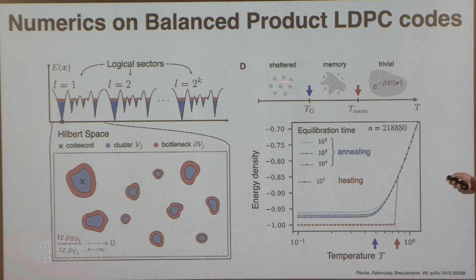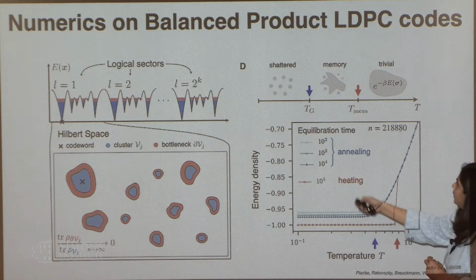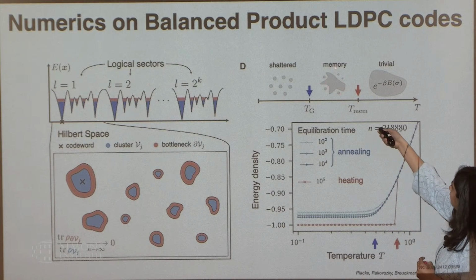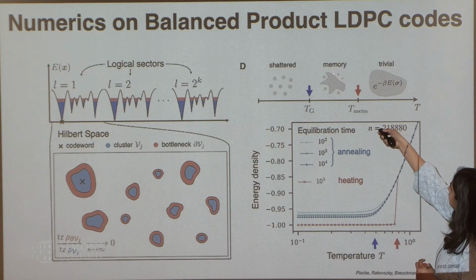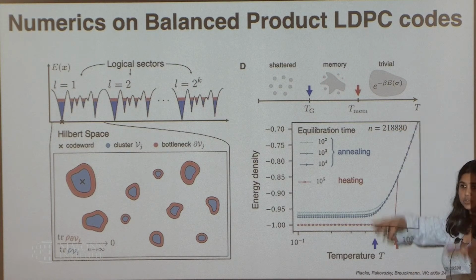Okay, so in terms of pictures, above this memory temperature, your Gibbs state looks trivial. Between the memory temperature and the glass temperature, you mostly have all of your weight in the Gibbs state in one giant blob, but then you have very vanishingly few states clustered around these ground states, which are stable, but you never find them if you're just cooling.